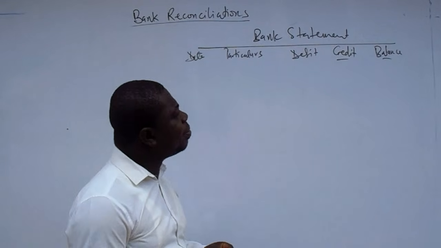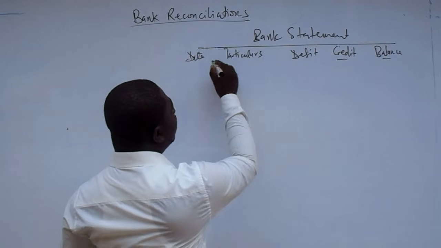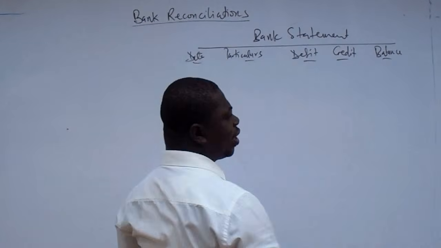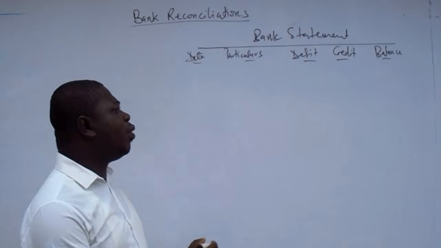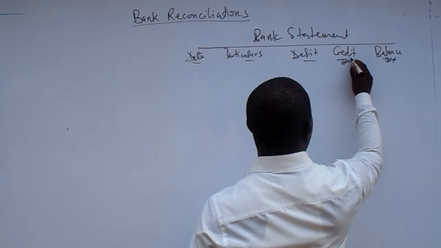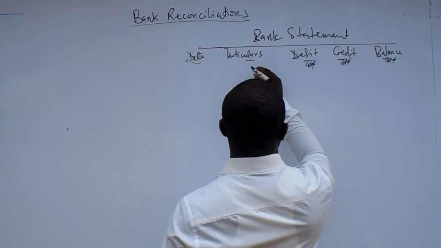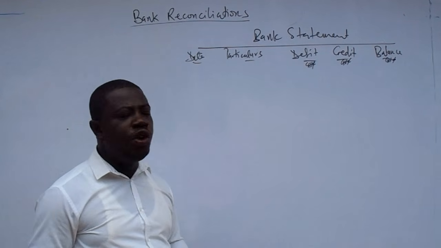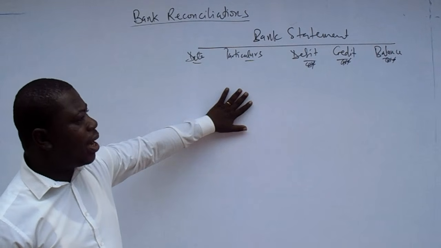Date, particulars, debit, credit, and then the balance with a currency sign up there. This is how the bank statement looks.